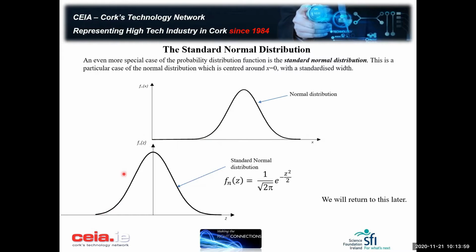Whereas the standard normal is centered around 0. So you can see it's shifted to the left, and it's also generally not the same width, even though it may look like I've drawn it the same width here. We're going to come back to this later because it is very important.